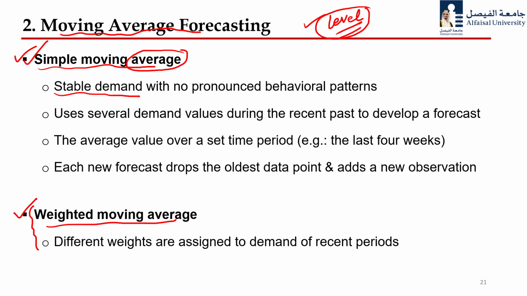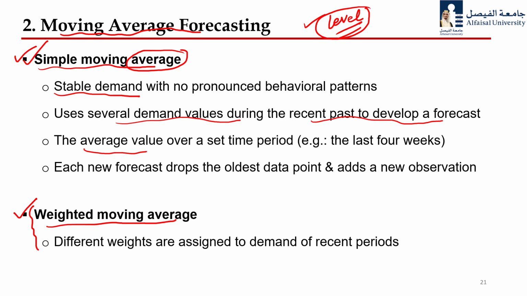Using demand values of the recent periods, it develops the future forecast value, which means it uses either a two-period average, a previous three-period average, or a four or five-period average, depending upon how many periods you use to get the average value to predict the future forecast.